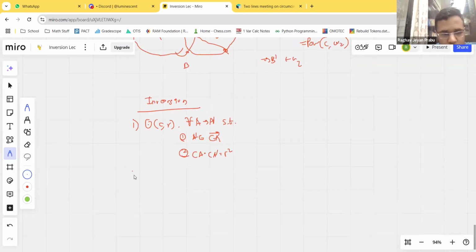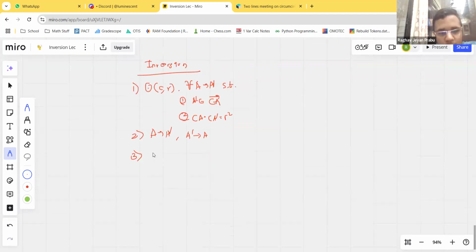This is the definition. Then if A maps to A dash, A dash maps to A. Again, if you have any two points A and B, then CA times CA dash equals CB times CB dash.